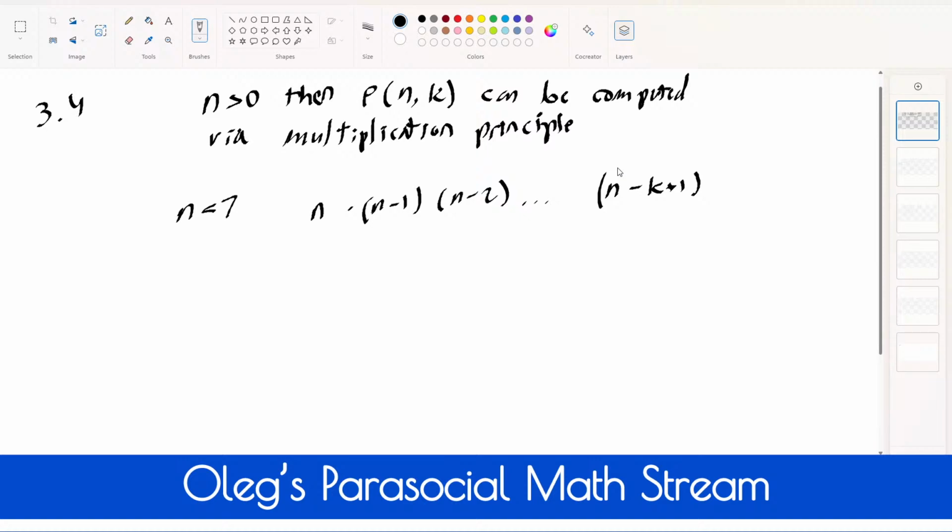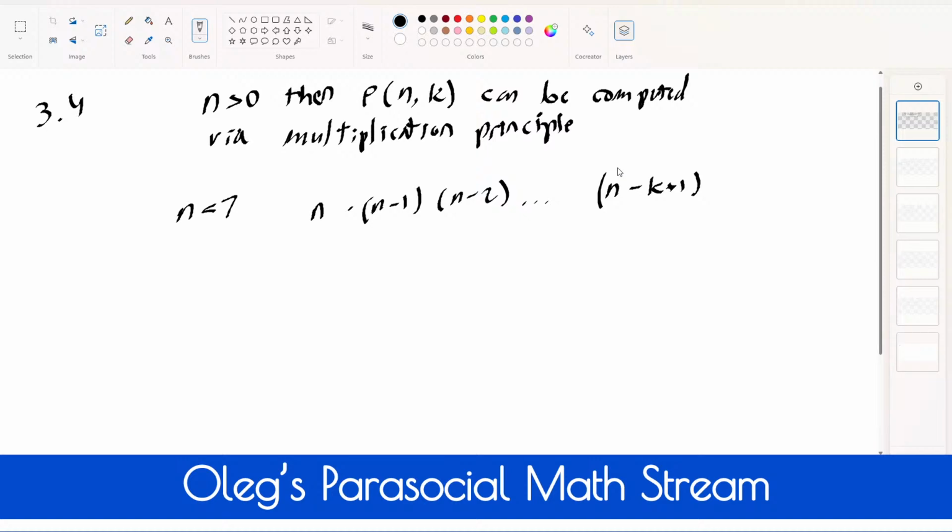Where they wrote the n minus k plus 1, they're writing about n minus i plus 1. Yeah, I think that's what they're referring to. For example, the fifth position has n minus 5 plus 1, which is equal to n minus 4 choices. Continuing this pattern, the last kth entry has n minus k plus 1 choices.